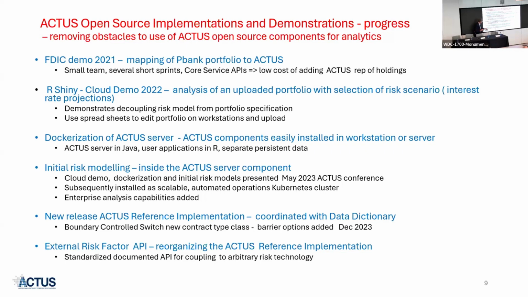And then this next step is to show the risk factor API. Reorganizing this, in my mind, will truly make clear the steps you go down if you have an existing solution and want to start using ACTUS as a component with that, and how you adapt to the risk models that you have today.